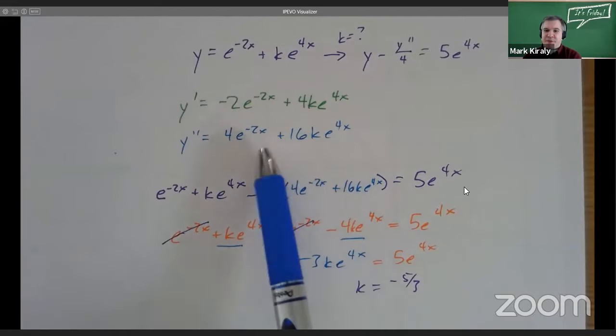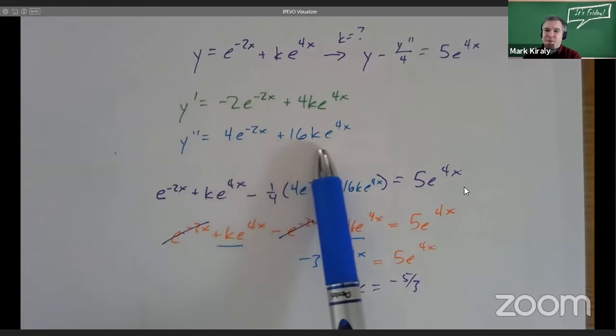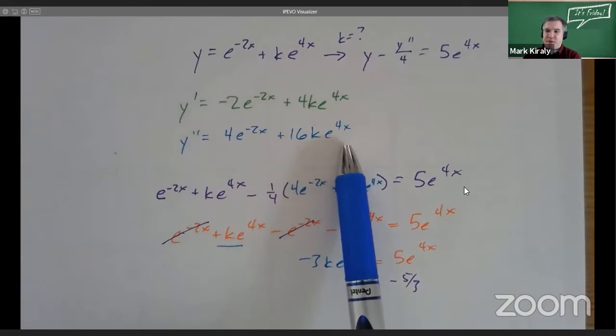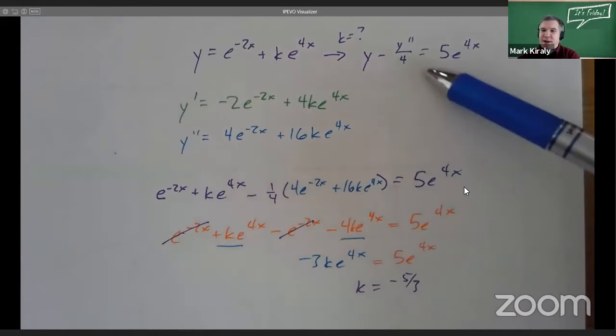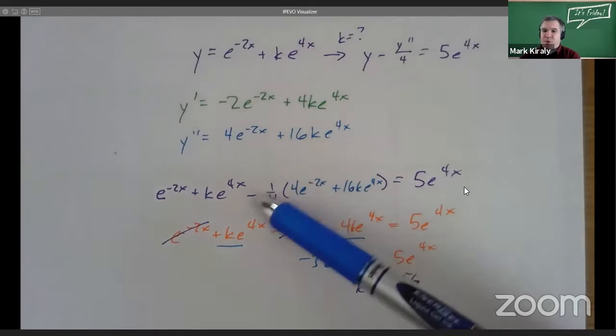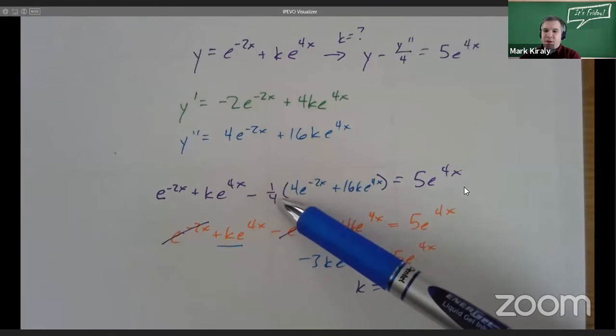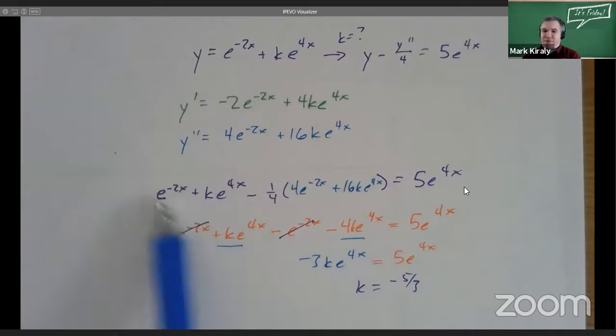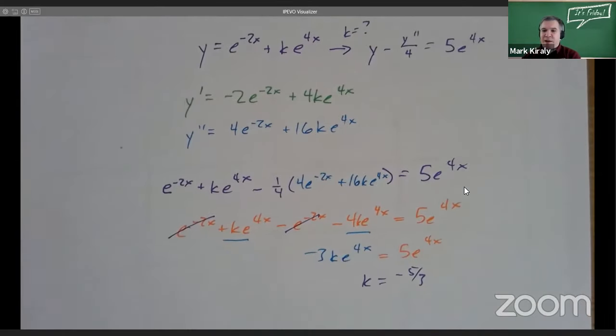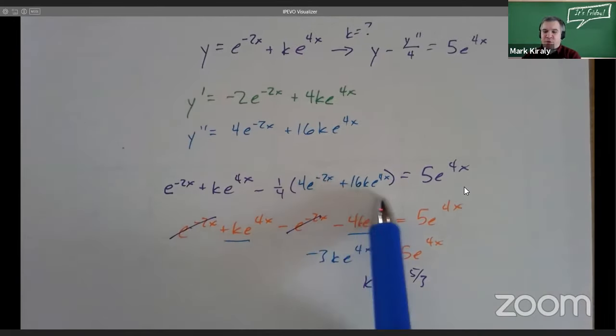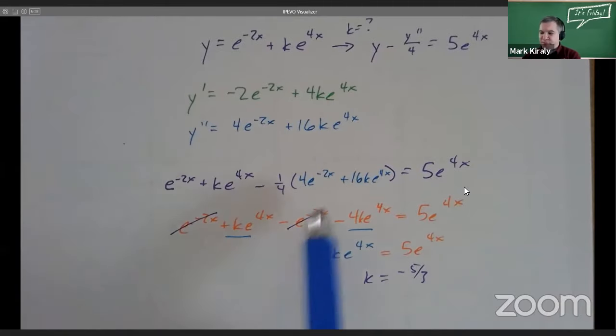And so my second derivative is 4e to the -2x plus 16k e to the 4x. When I plugged in, I did rewrite this divided by 4 as multiplying by a fourth, because I didn't want to have a giant fraction within this statement. I know when Verge and I were comparing, she'd put it over the 4. Personal preferences. I distributed the -1/4.